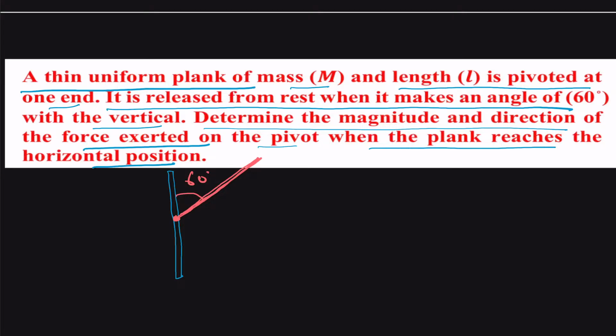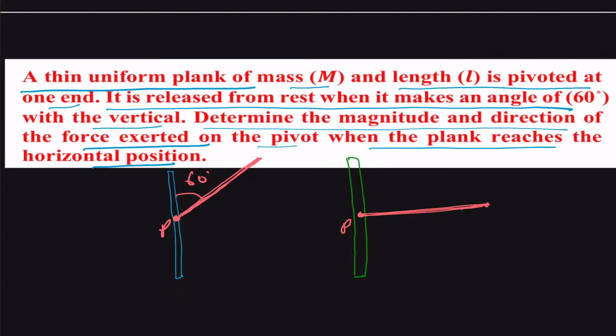And when it is released, the final position is that this plank is horizontal. So for this position we have to find the magnitude and direction of the force exerted at the pivot, that is at point P.